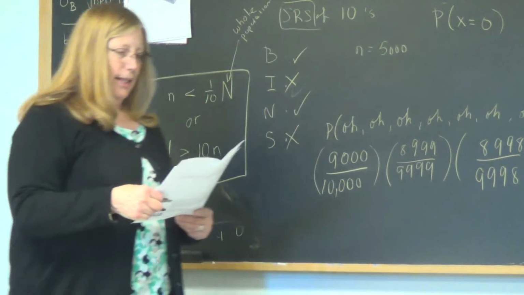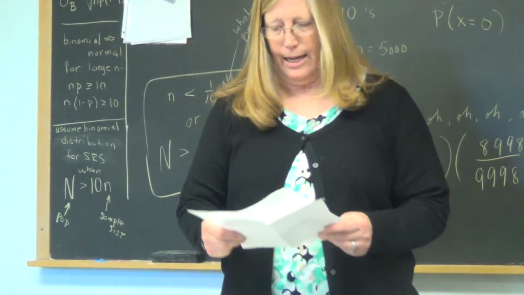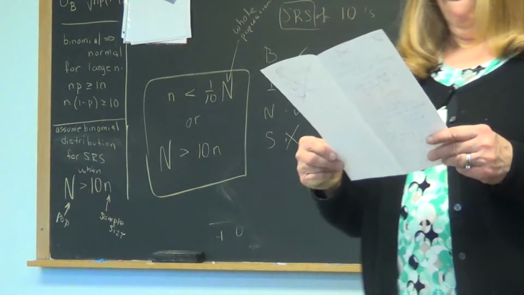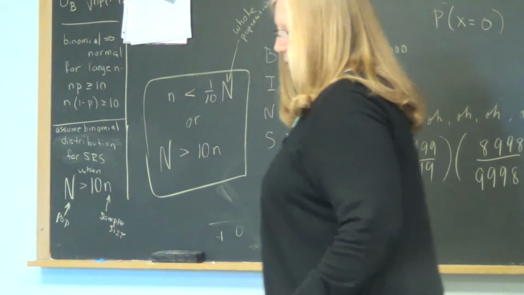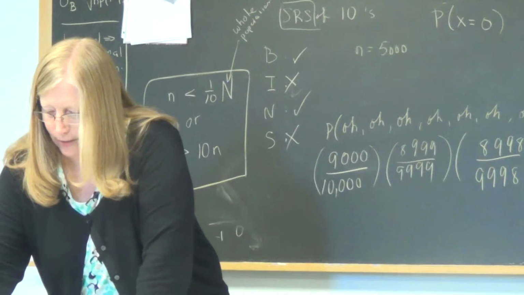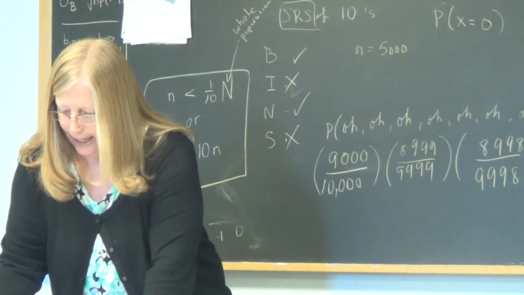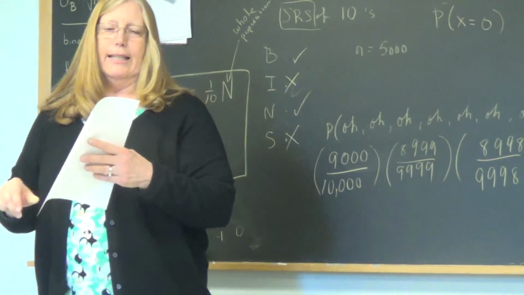All right, so let's try one and see if we can verify that. You said that was on your homework, is that right? Why don't we look at that one first? I thought that you could do number 87.